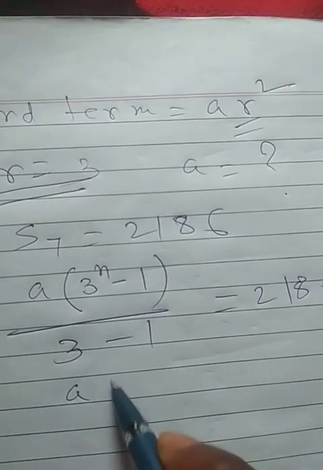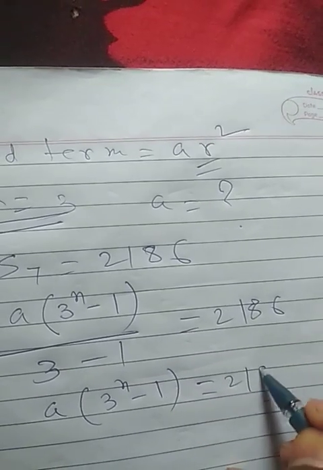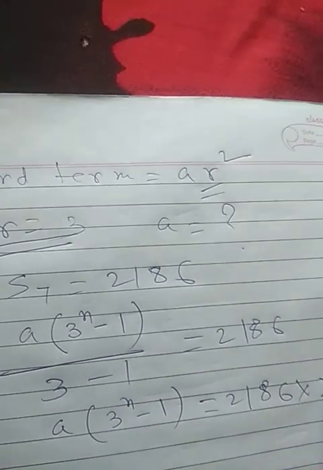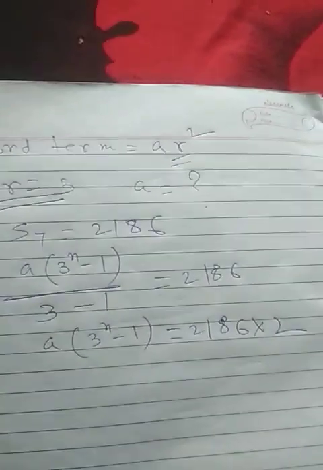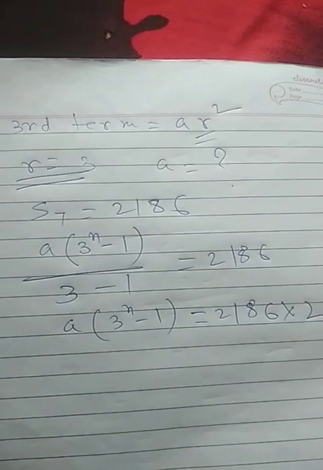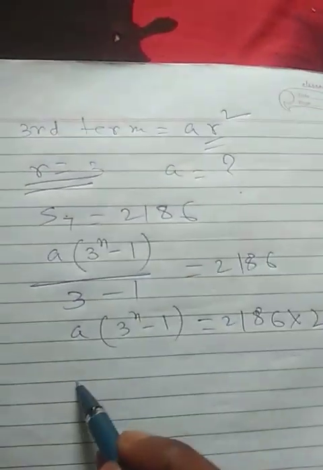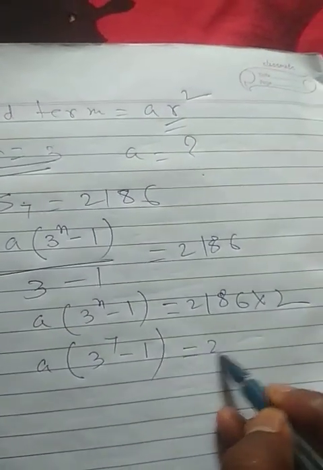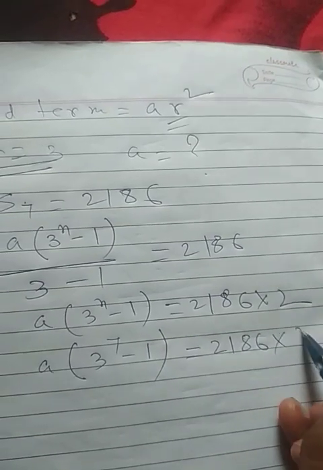That means I got A into 3 to the power n minus 1 equal to 2186 into 2. And here n is 7. 3 to the power 7 minus 1 equal to 2186 into 2.